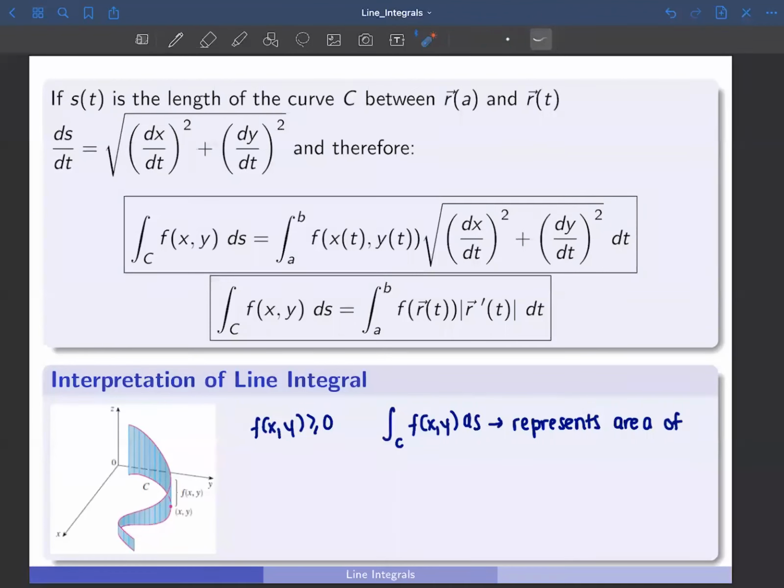So this is the curtain that we have. This represents the area of one side of the curtain whose base is the curve C, so this is the curve C, and whose height above the point x, y is equal to f of x comma y.